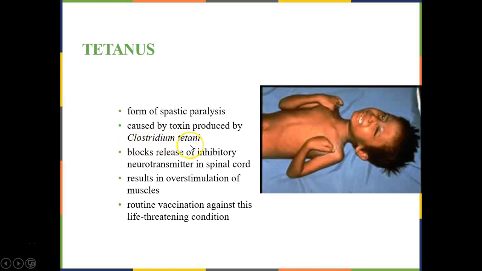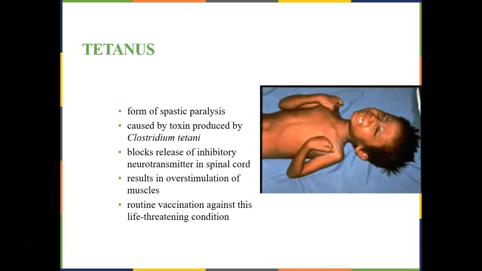Clostridium tetani produces a toxin called the tetanus toxin. When this toxin is released into the body, it affects the nervous system, blocking inhibitory neurotransmitters. Remember, somatic motor neurons stimulate muscle contractions, but for them to stop, they need an inhibitory neurotransmitter that stimulates the somatic cell to stop releasing neurotransmitter.